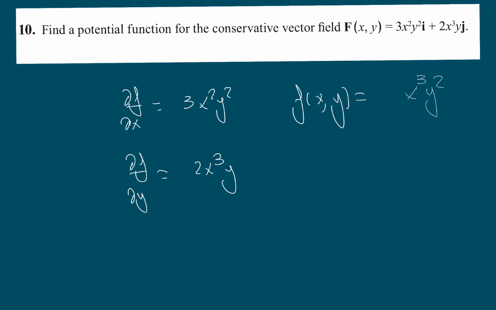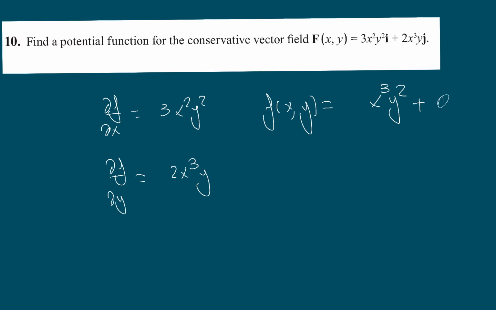x cubed y squared, the partial derivative with respect to x will produce 3x squared y squared. But is this the only one? No. Maybe if I add some function that depends on y, it will also work. Now, who is f of x and y?